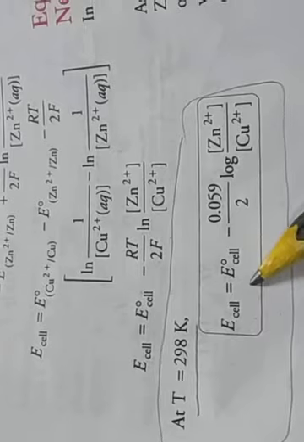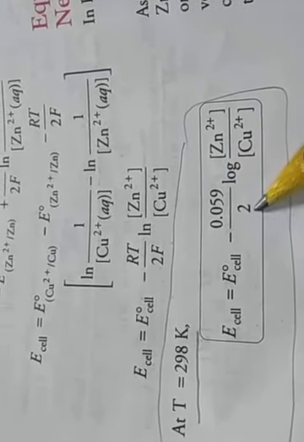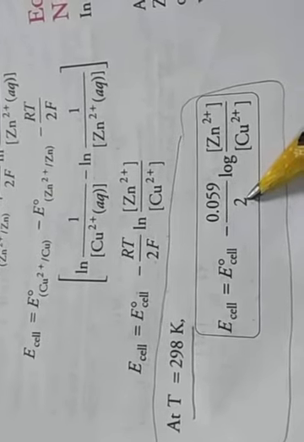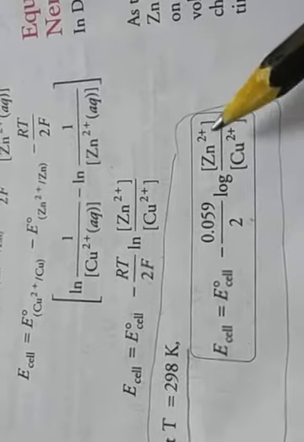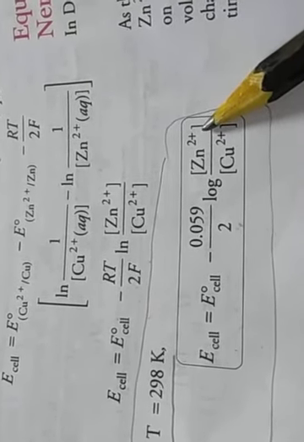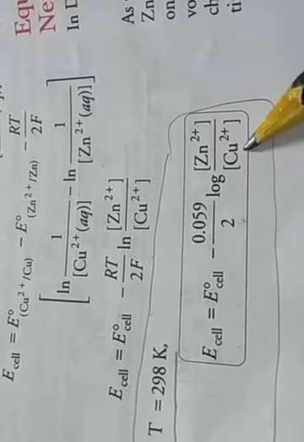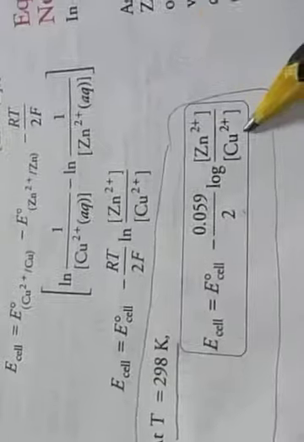E cell is equal to E naught cell minus 0.059 upon 2. Here 2 is the number of electrons, as copper 2+ gains 2 electrons. So log, with the right-hand side zinc 2+, because zinc converts into zinc 2+, so product upon reactant copper 2+. So this equation we have to write directly.